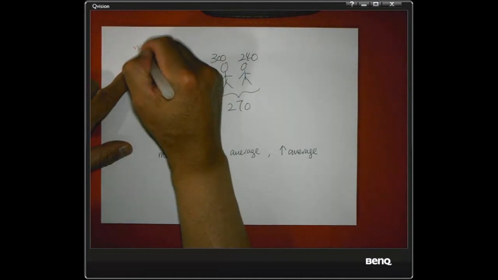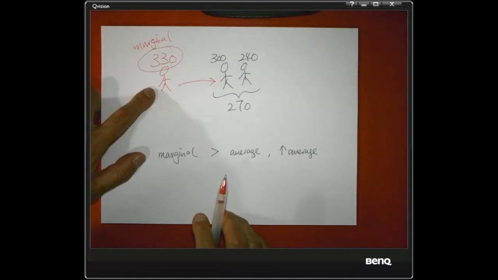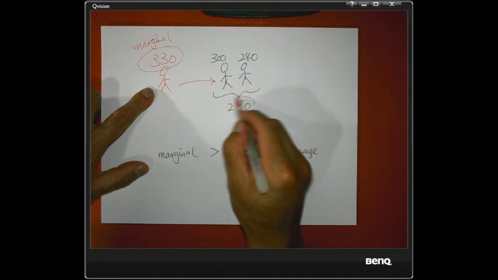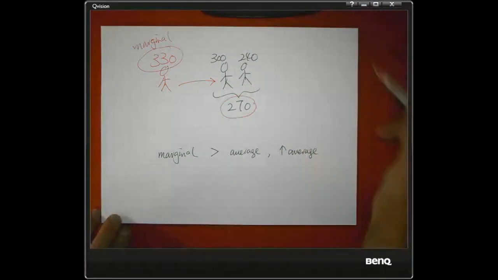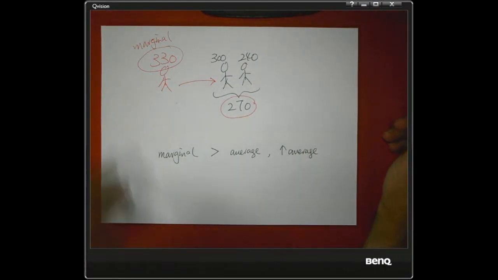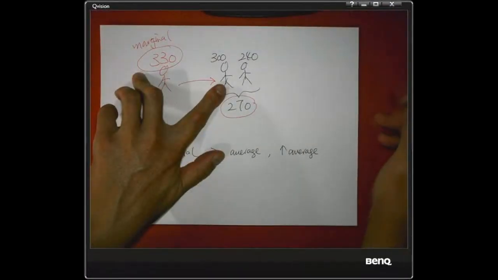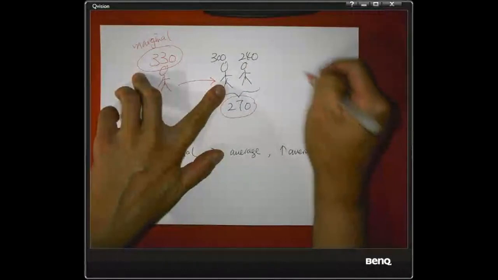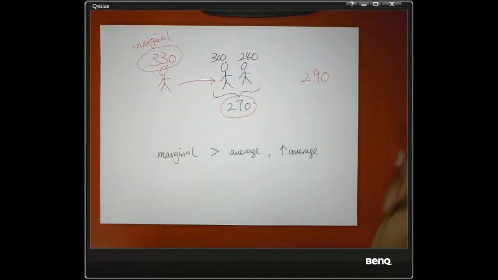The weight of this marginal member is greater than the average of these 2 members. If you add this marginal member to the tag team, the average will become 290.